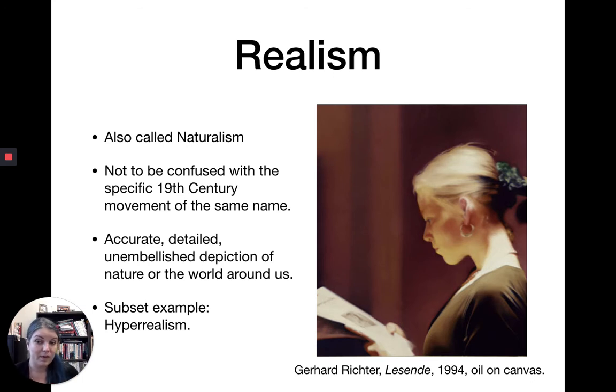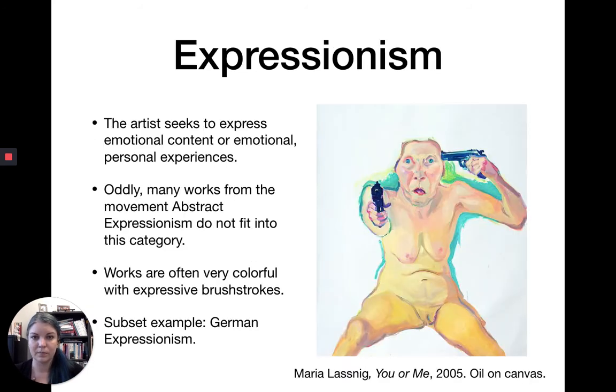An example of a subset, something you would categorize under this, is hyperrealism. The image I provide to illustrate this is not a photograph, it's an oil painting by Gerhard Richter, a contemporary German artist. This is from 1994, and you can see it's a very realistic portrayal of a young woman called Lucinda. Okay, realism. Pretty easy, right?